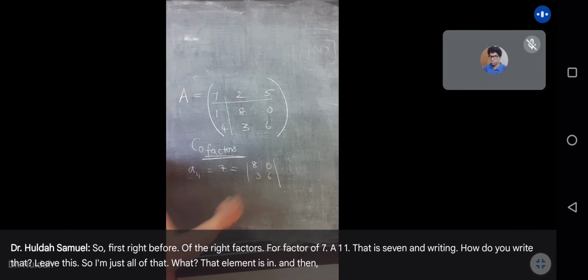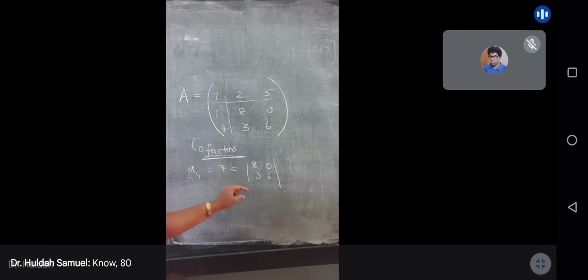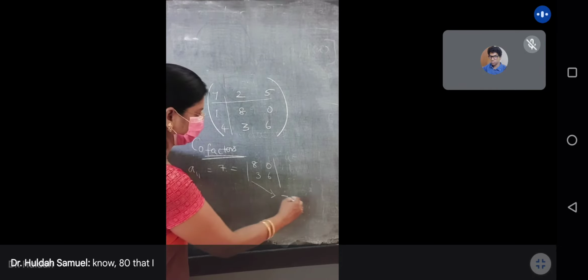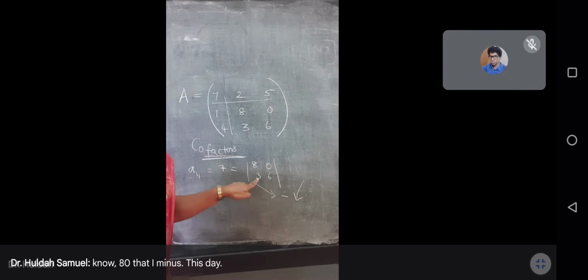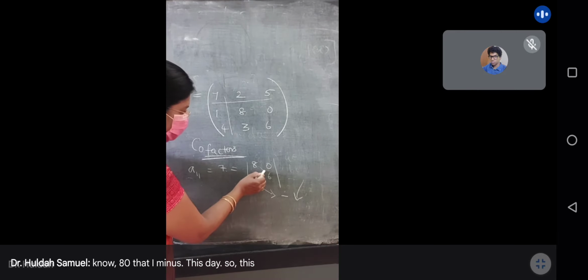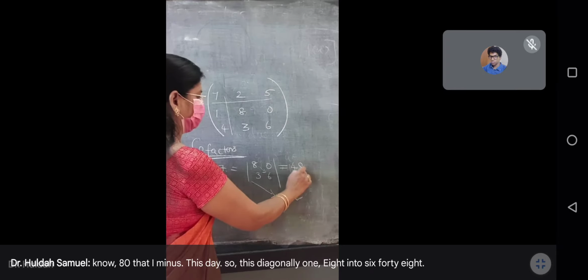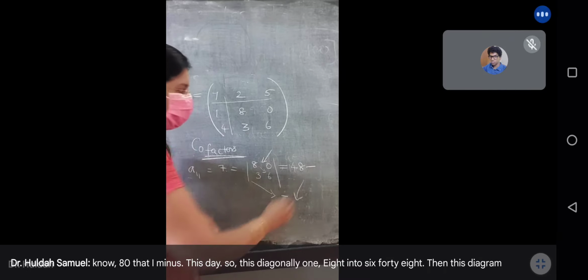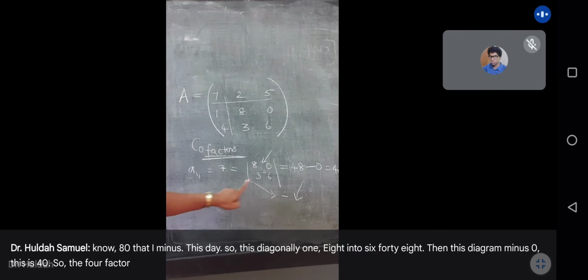For those of you who did not attend the earlier class, the determinant of 8, 0, 3, 6 means this diagonal minus this diagonal. So this diagonal is 8 into 6, 48. Then this diagonal minus 0. So the cofactor of 7 is 48.